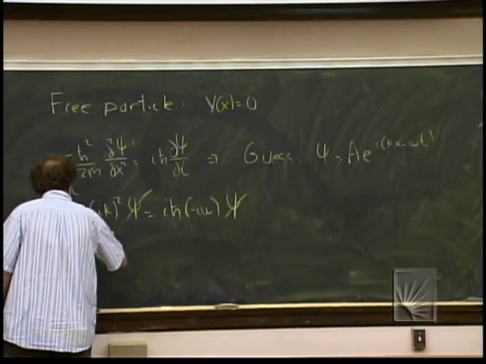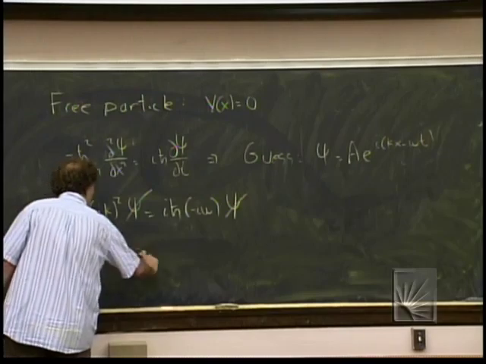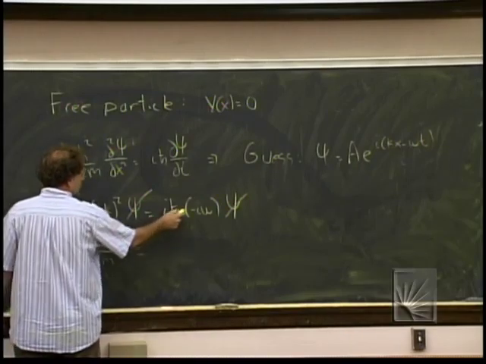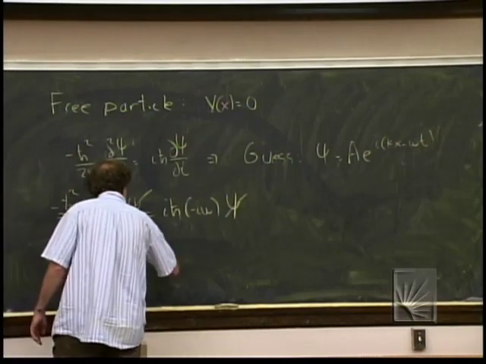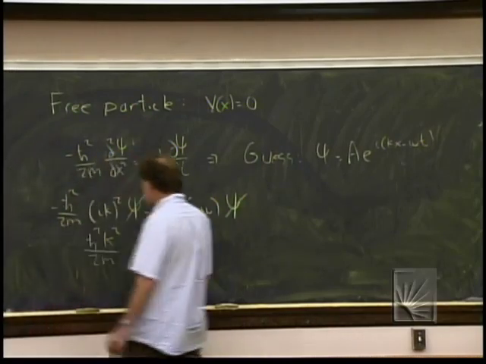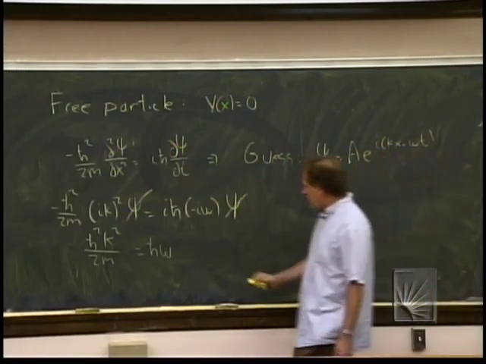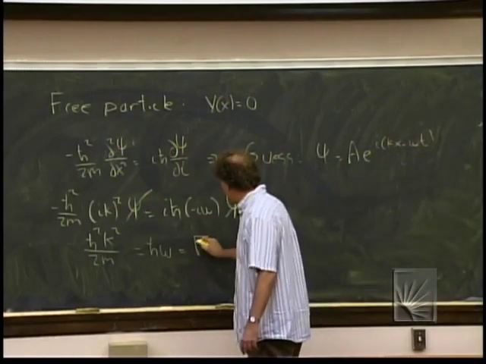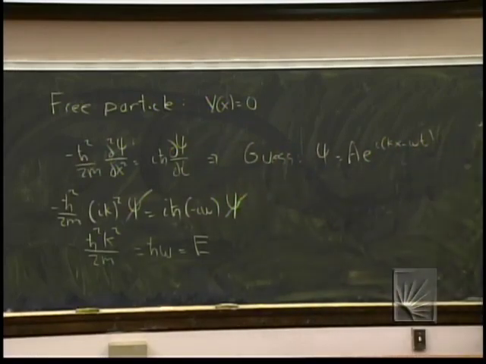So this is h bar squared k squared over 2m equals i times i is minus 1, times the minus sign is plus 1, is h bar omega. And now I have to rely on my original quantum definitions, which, as I said, now in quantum mechanics, that is the energy. Right? That's how I derived Schrodinger's equation. Okay?